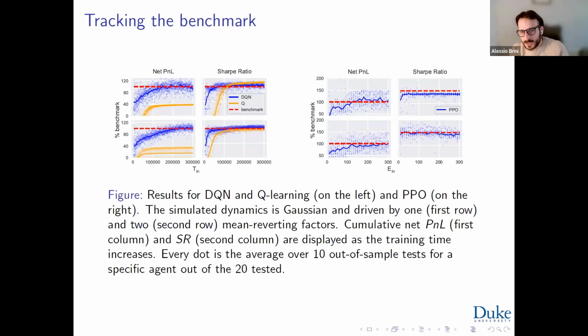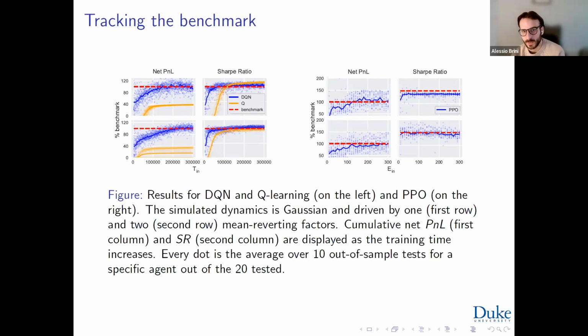Even outside finance, you generally train multiple reinforcement learning agents, and then you average the performance in order to see an average result. And as you can see, both PPO and DQN, which are the blue lines respectively on the right and on the left, can retrieve the level of the benchmark after some period of training.